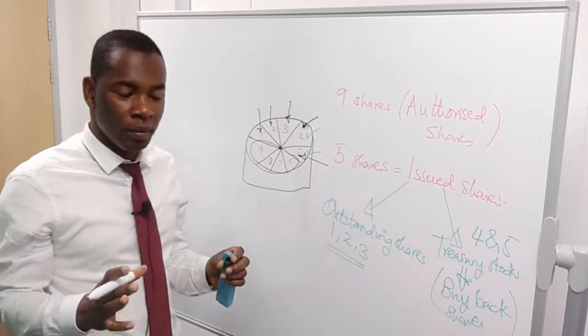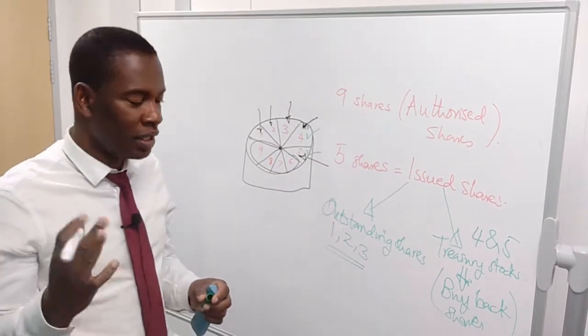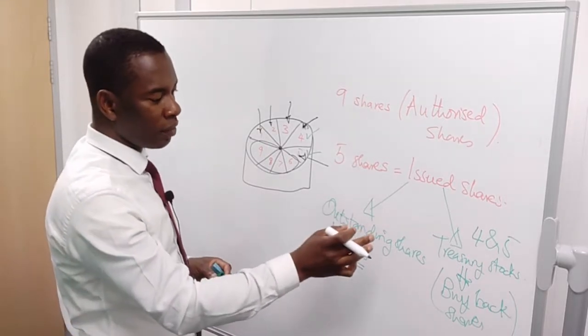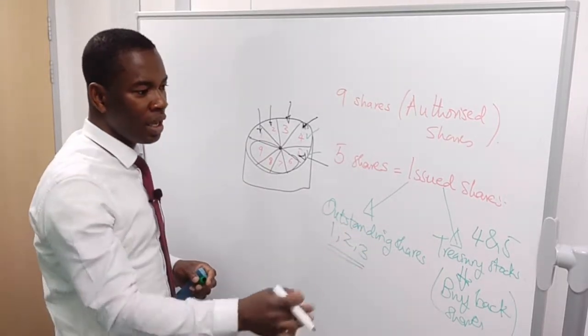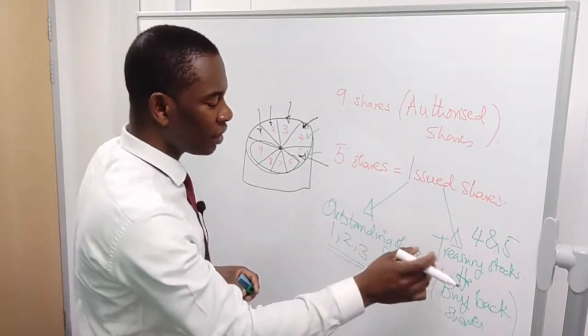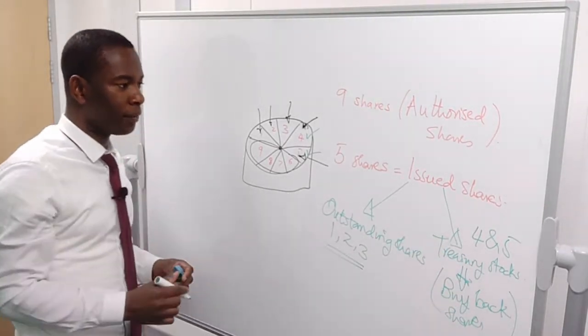Remember I told you both are just the same. So we have 1, 2, 3 being the outstanding shares, and 4, 5 being the treasury stocks that the company has bought back.